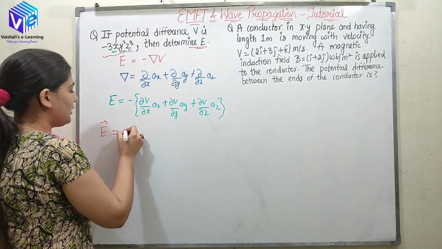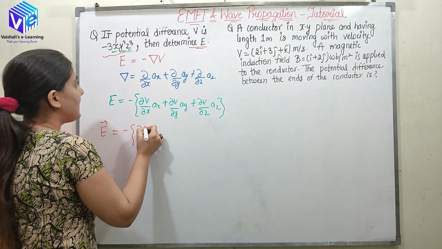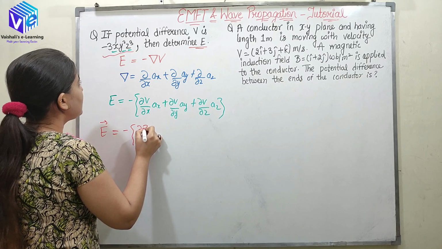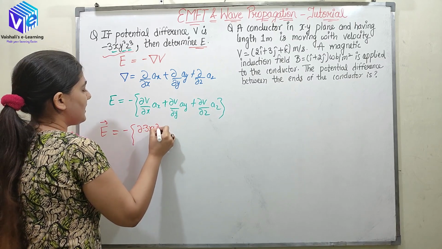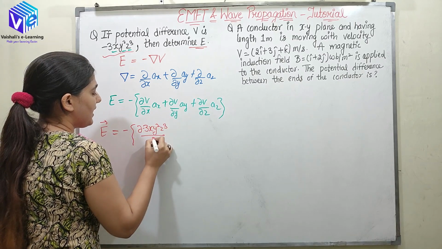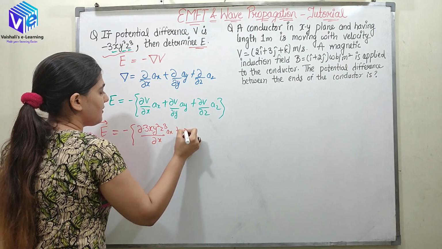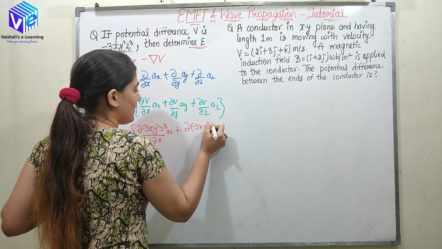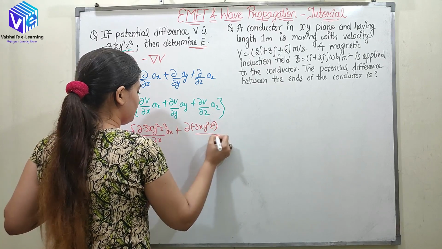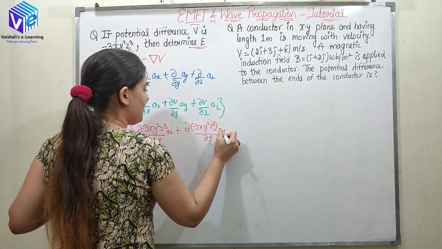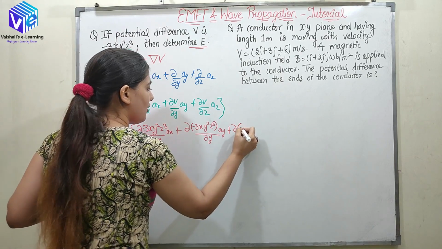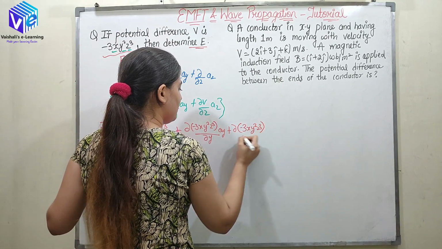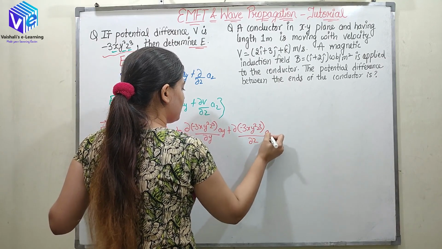So E will be equal to minus del of, let's put the value of V, minus 3xy square z cube by del x ax plus del of minus 3xy square z cube by del y ay plus del of minus 3xy square z cube upon del z az.